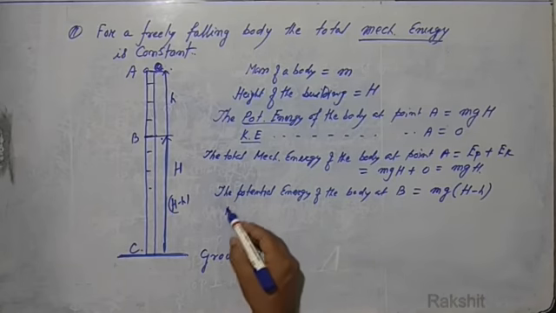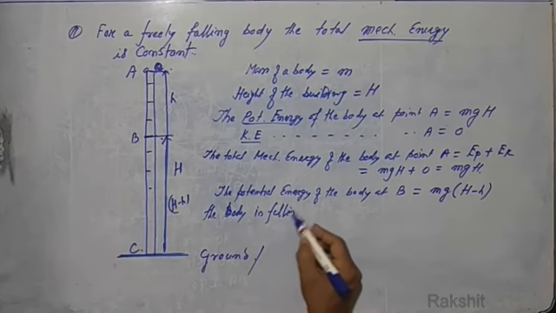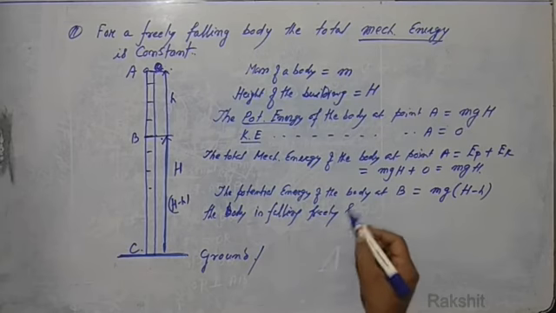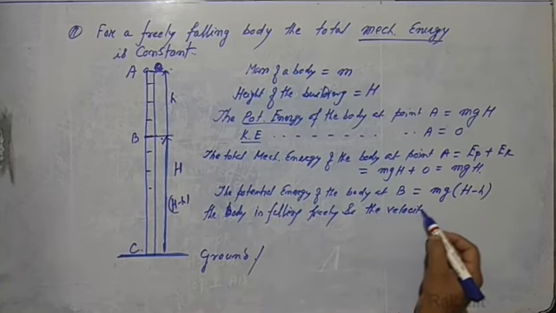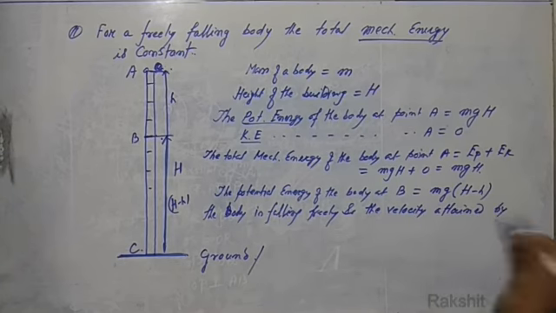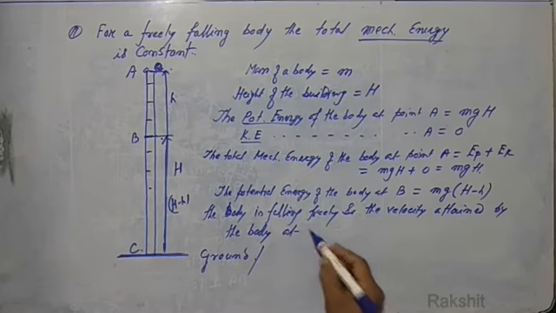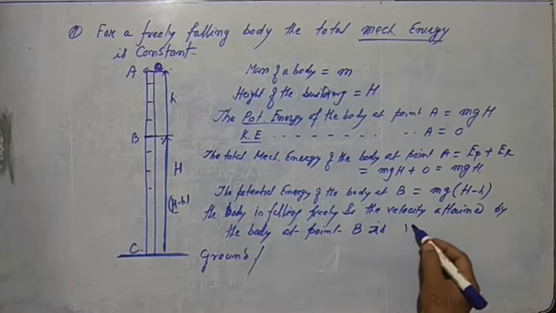The body is falling freely. So the velocity attained by the body at point B is v.